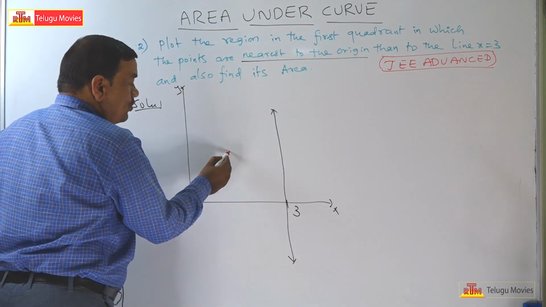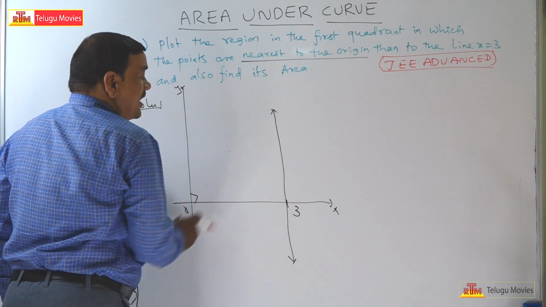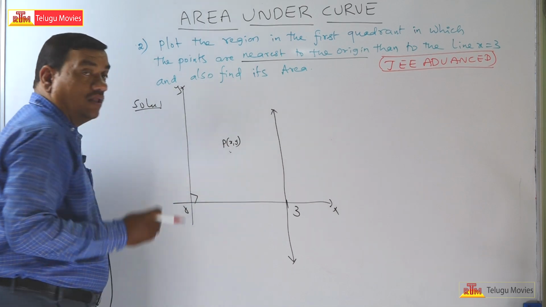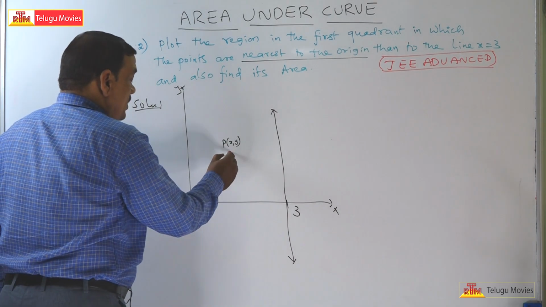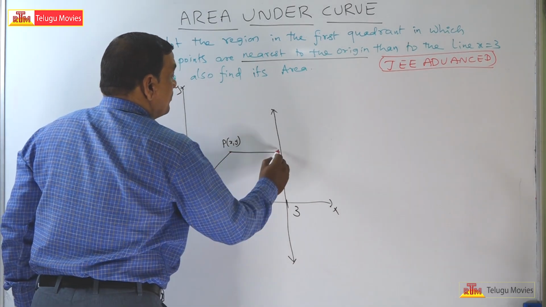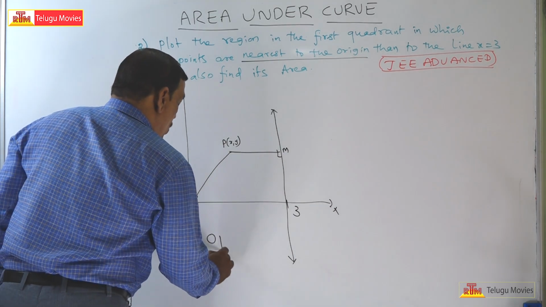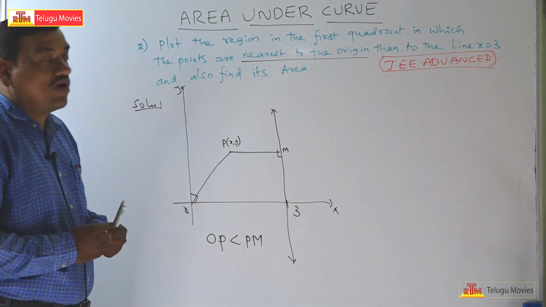Therefore, you have to take the points which are nearer to the origin than to the line. Let the point in the locus be P(x, y) such that OP is less than PM. Such type of points you have to take always.